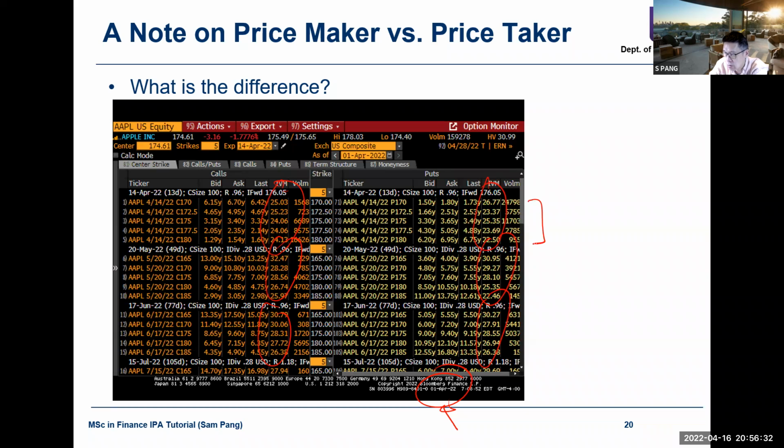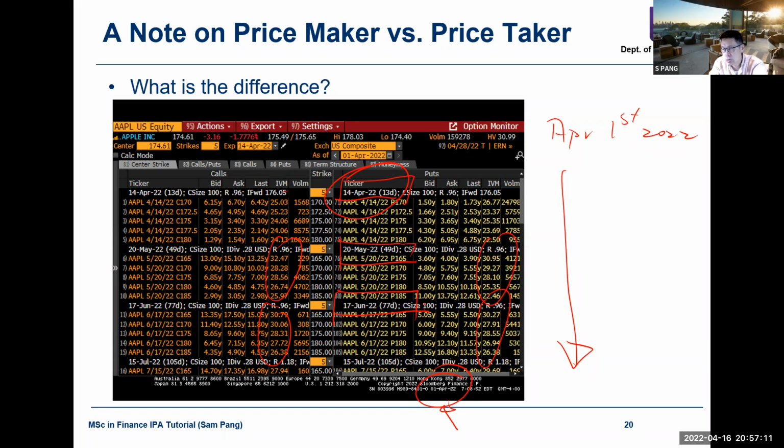Now, what are these sets of prices? First of all, you have calls on one side and puts on the other side. This is regarding the options for Apple, the stock. When you go down, you have different maturities. I captured this data on April 1st, 2022, so these are options for 2 weeks, maturing April 14, and then May 20, and then June 17.